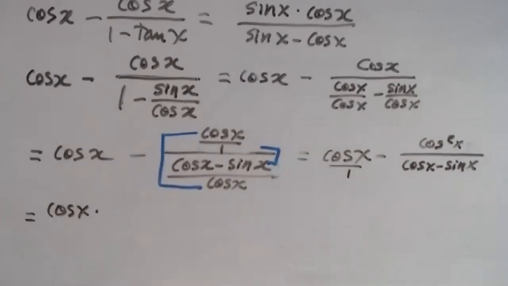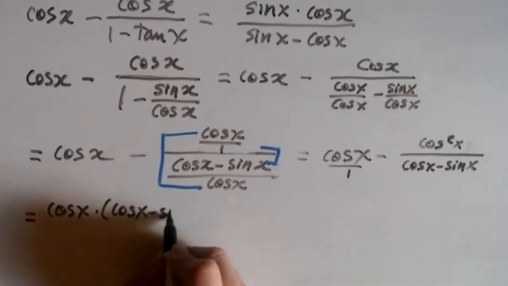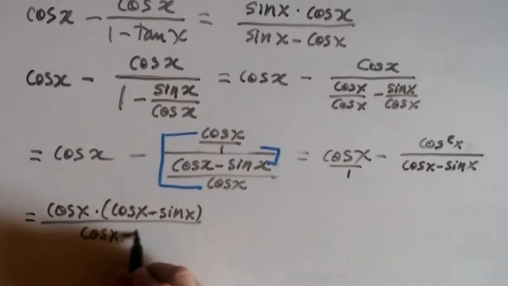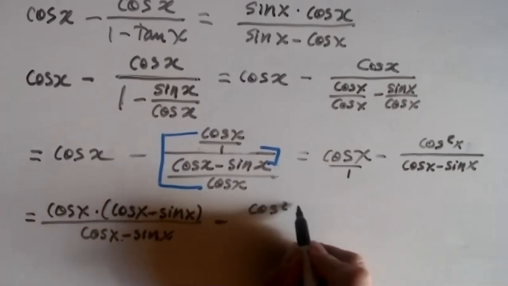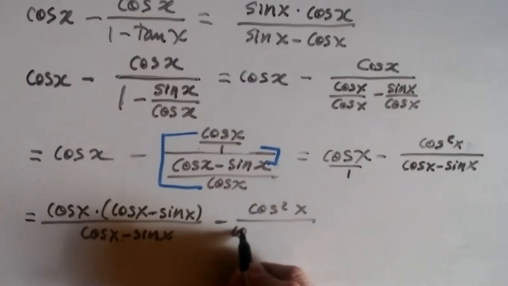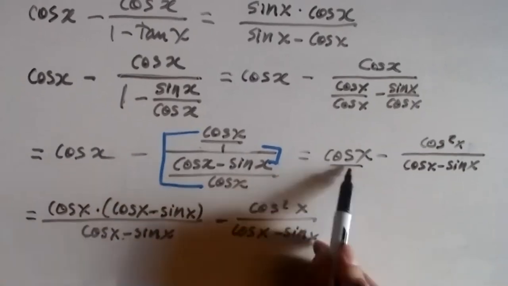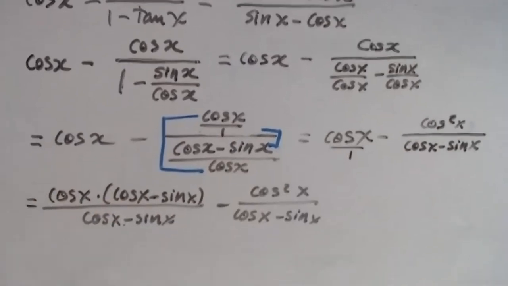Cosine x times cosine x minus sine x over cosine x minus sine x, minus cosine squared x over cosine x minus sine x. So what I did, common denominator, multiply top and bottom by cosine minus sine x.